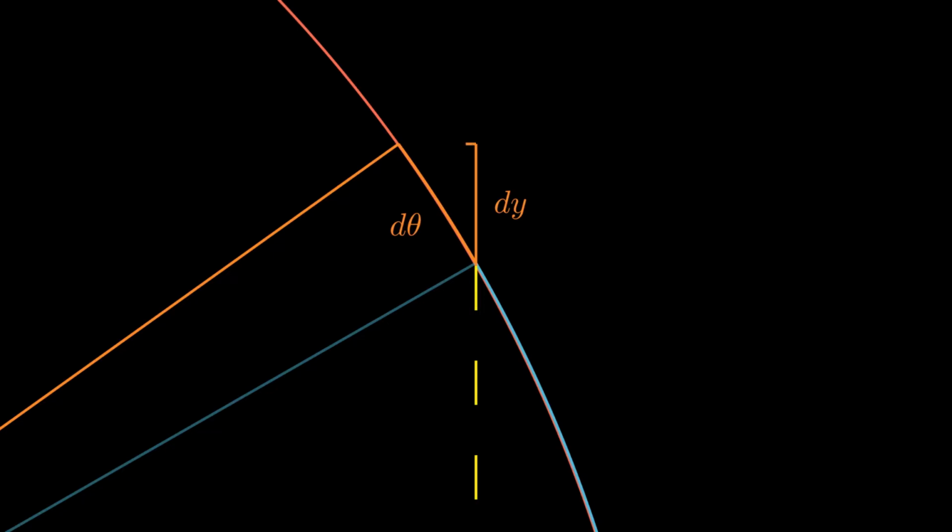So we could even complete the right angle triangle looking thing here, and that gives us a lot of information about the relationship between dy and d theta, which was what we were after in the first place. Now, from the first basic right angle triangle we set up, we can actually see that this angle in here is 90 degrees minus theta.